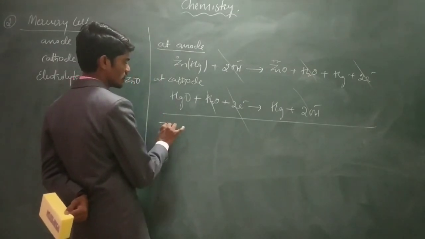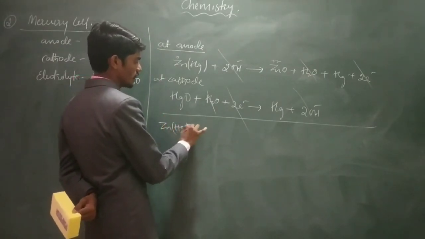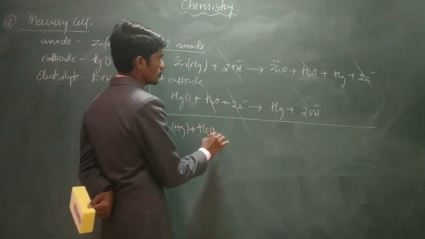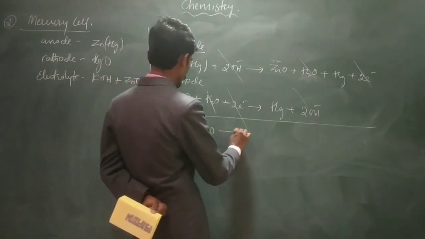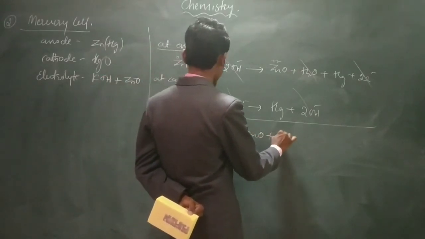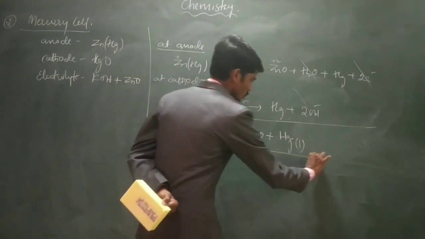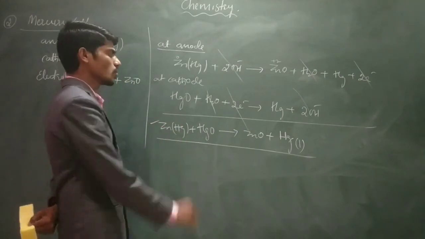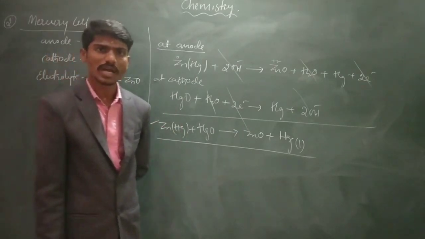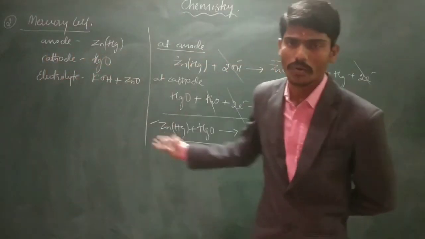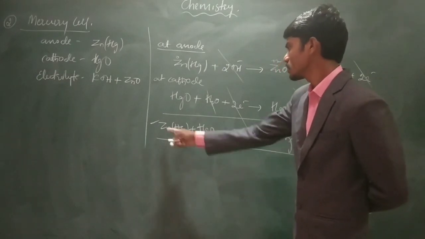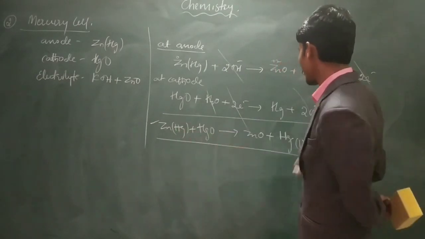The remaining is zinc treated with HgO, which gives rise to zinc oxide plus Hg. So the overall reaction does not involve any electrolytic ions. It is directly the anode and cathode reaction: zinc undergoing oxidation and mercury undergoing reduction.